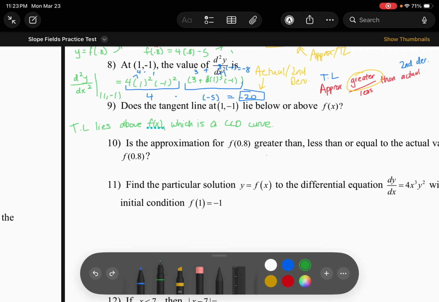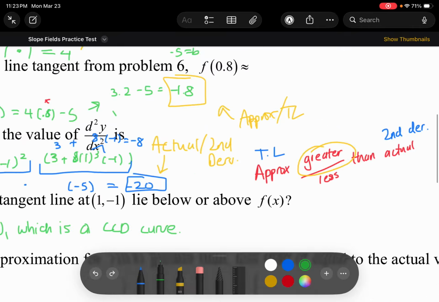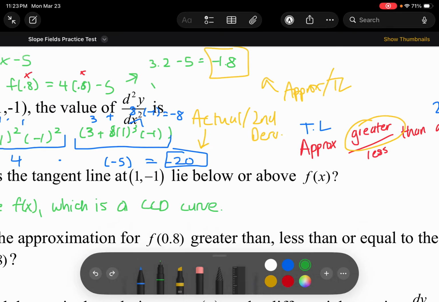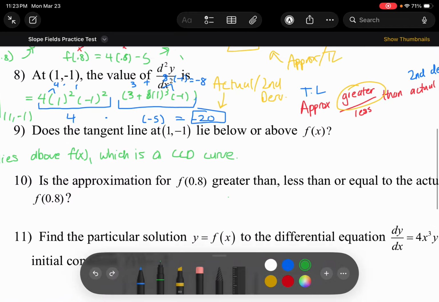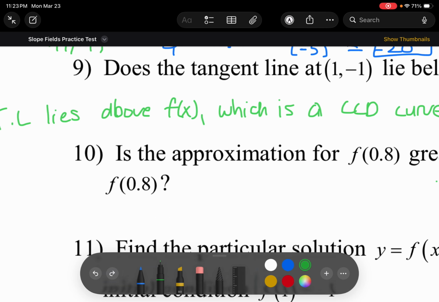So, is the approximation for f of 0.8 greater than, less than, or equal to the actual value of f of 0.8? So basically, is the tangent line greater than the second derivative? Is basically what it's asking for. Yes, it is greater than.